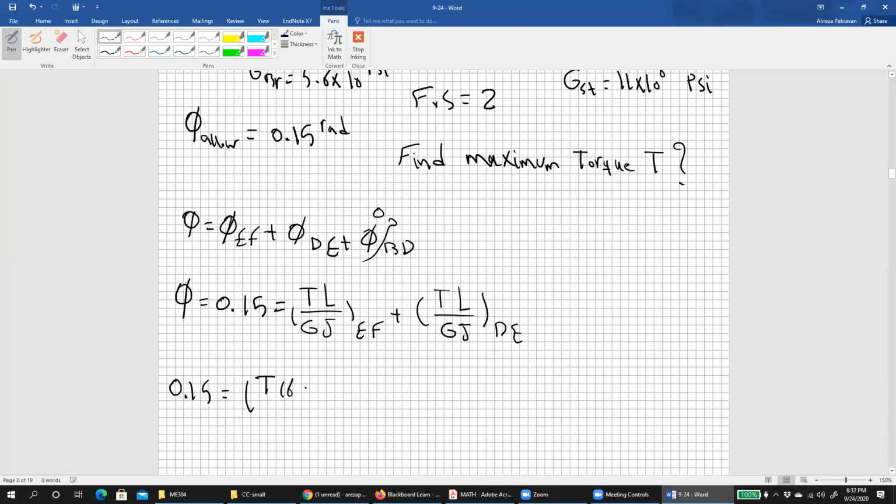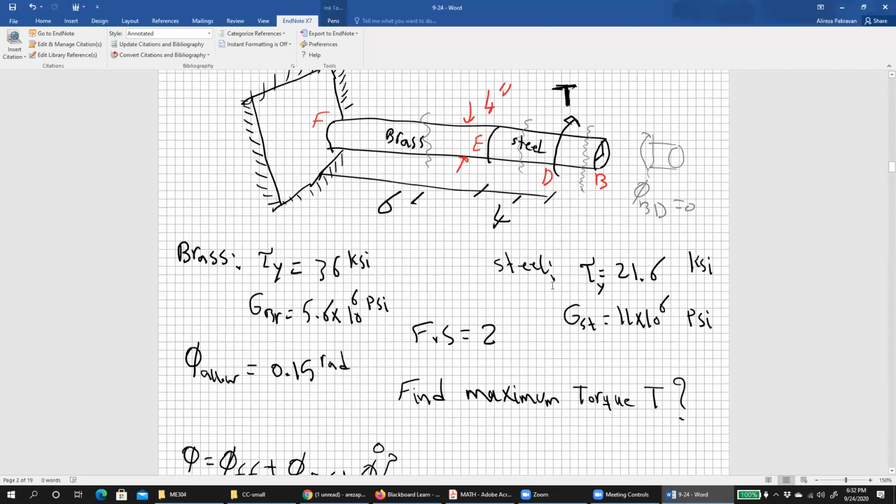Let's multiply by 12 to convert feet to inches. G is 5.6 times 10 to the 6. Let me find J, because J for both materials is the same since we have the same diameter.